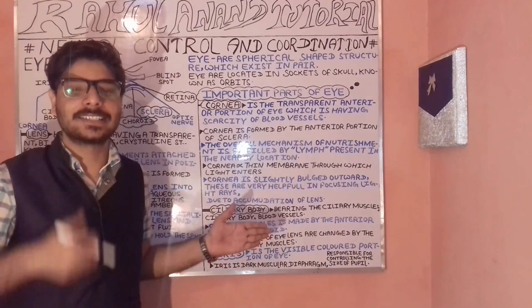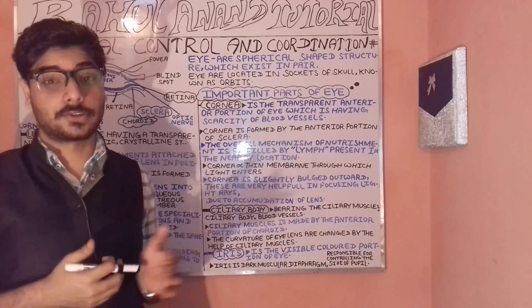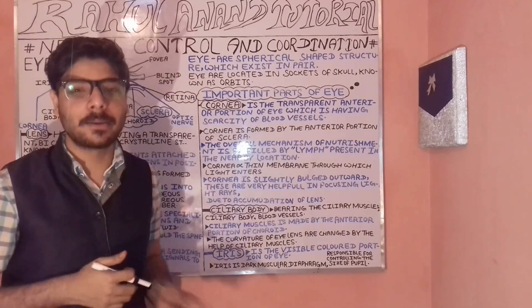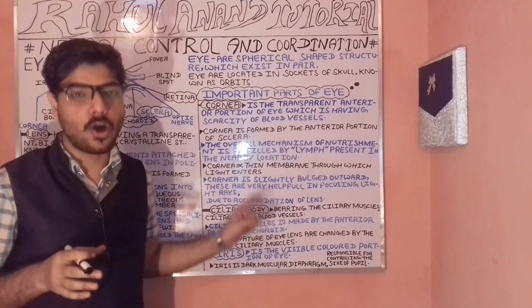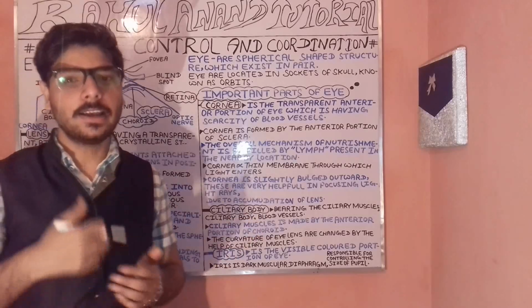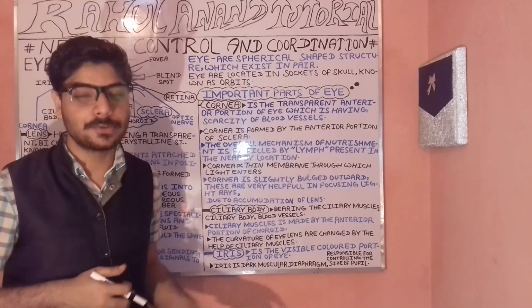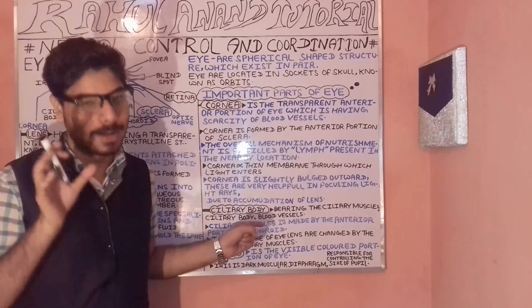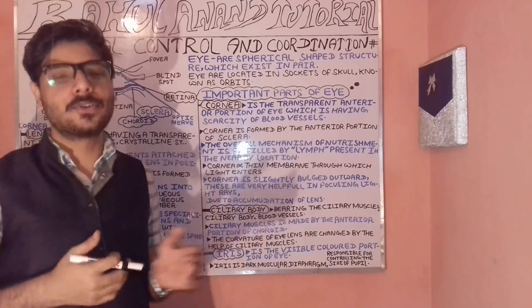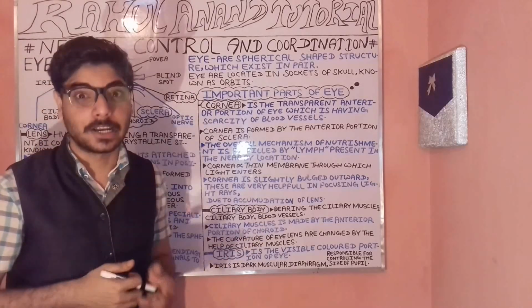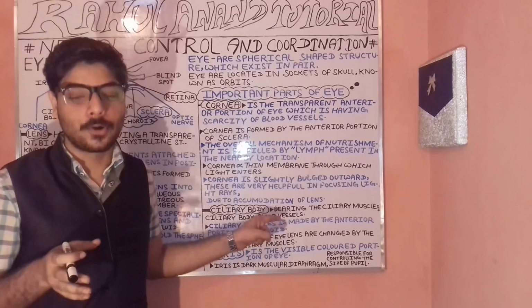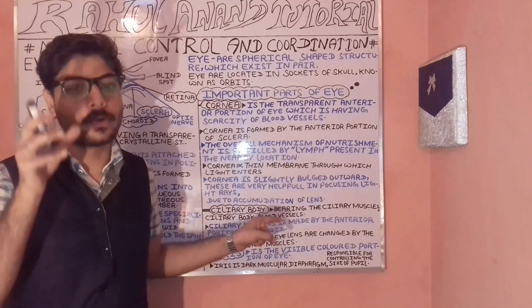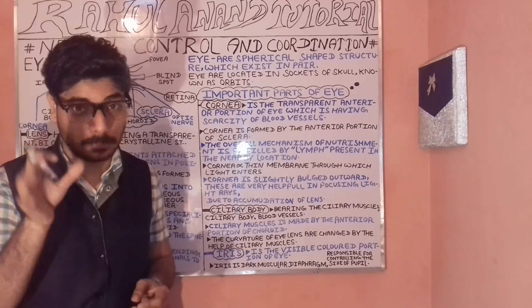Now let's understand the cornea. The cornea is the thin membrane through which the light enters. There are certain facts to understand: it is bulged outward, coming in the forward direction, in order to focus the light rays with the help of the accommodation of the lens.